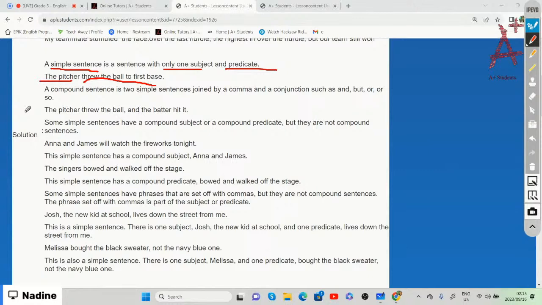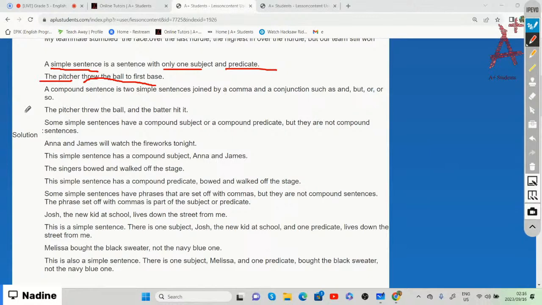And for example, if we were to give an example of a compound sentence: The pitcher threw the ball and the batter hit it.